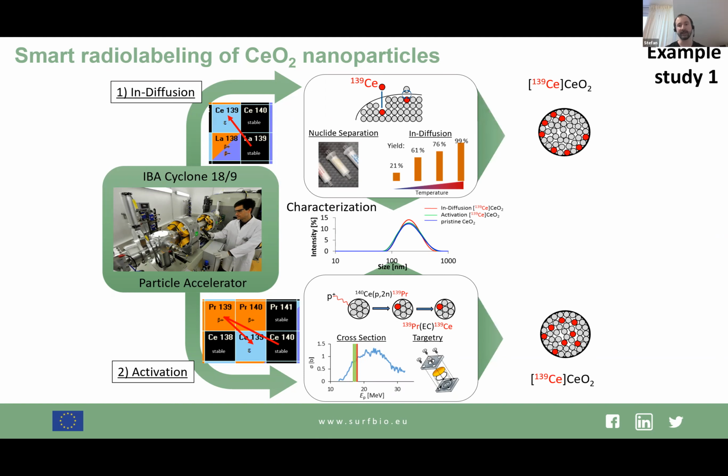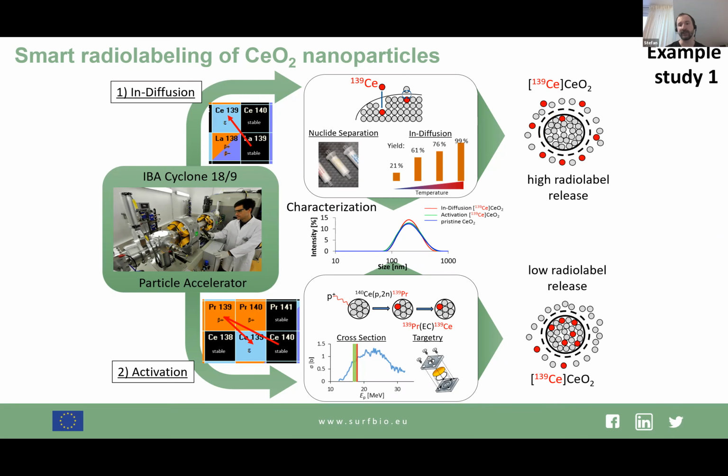And what we then get is basically cerium-139 labeled cerium dioxide that is for all intents and purposes physically and chemically the same. However, as you can see indicated, the distribution of the radionuclide is quite different in these particles.